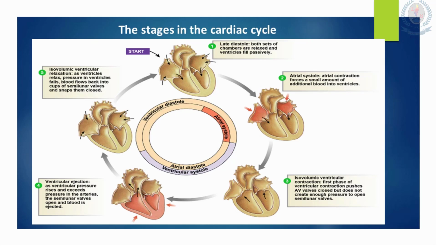This allows the ventricles to fill with blood from the atria. So those are the things which you should know about the cardiac cycle. And you can use these 5 steps to mention the stages of the cardiac cycle.